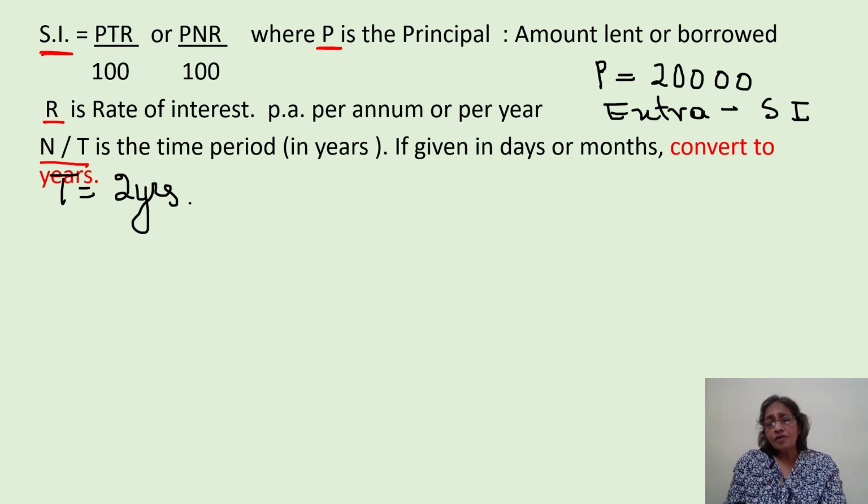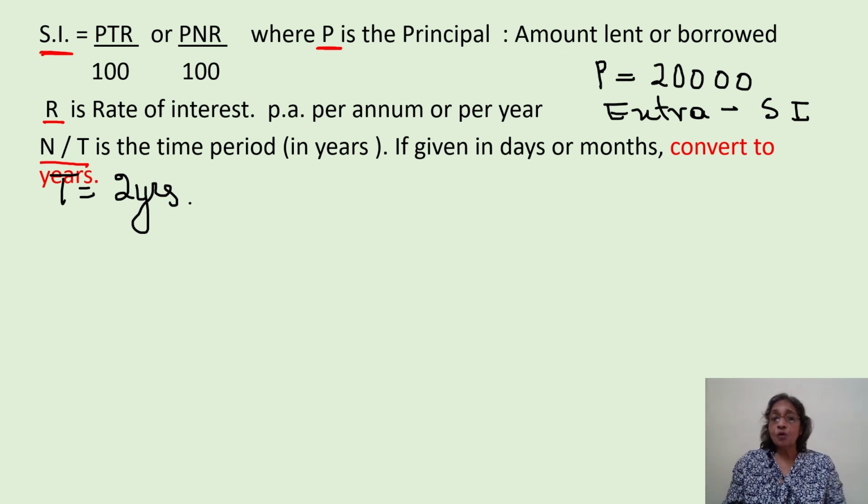But then your friend is going to tell you, ask you rather, how much extra should I pay you? Then you decide. Now the extra amount can either be some fixed amount of say 1,000 rupees or 2,000 rupees or whatever.